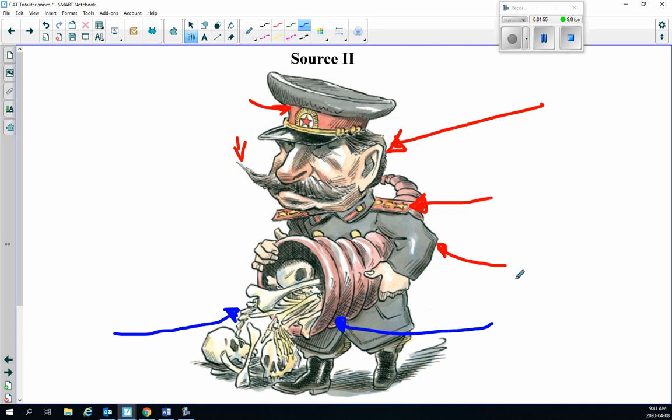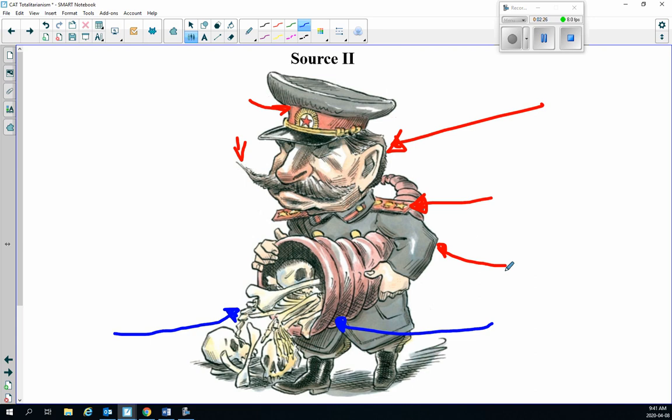So what we're supposed to take away from the cartoon is that Stalin is presenting his system, his Soviet Union, his economic policy as something promising, something that will fulfill people's needs, enhance their quality of life. He's presenting them a cornucopia, but it's a phony cornucopia. It's a cornucopia that is going to lead to misery and suffering as symbolized by the skeletons rather than the abundance of fruit that should be coming out of the cornucopia.